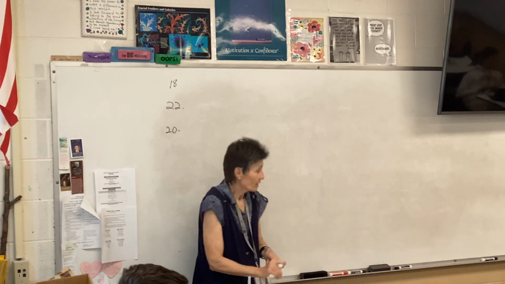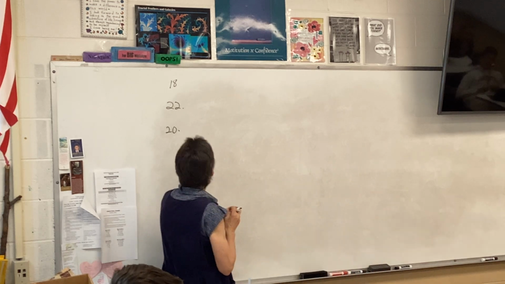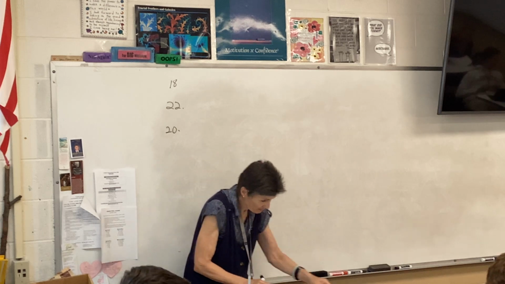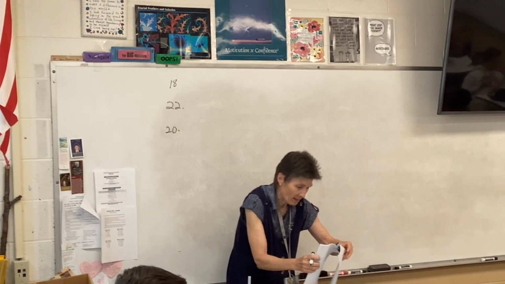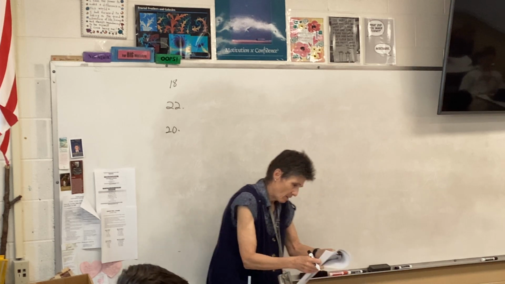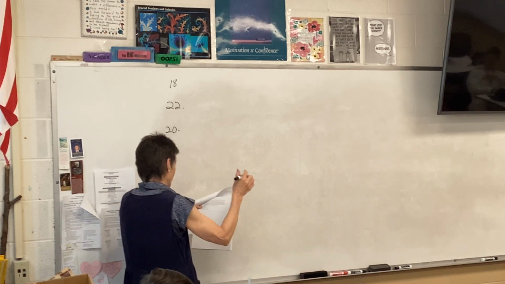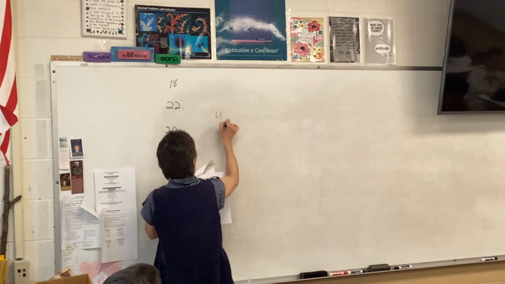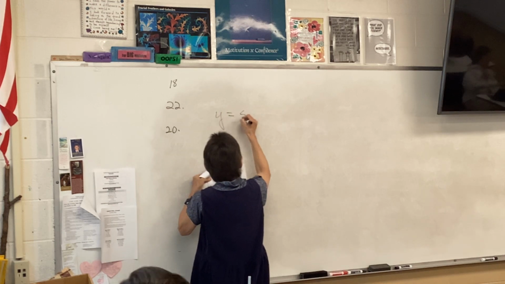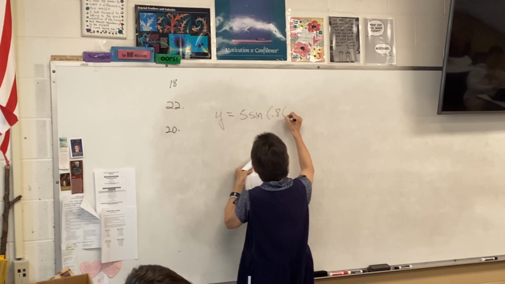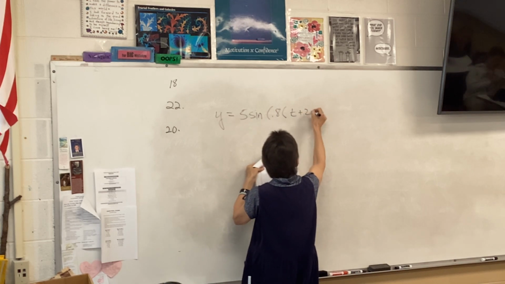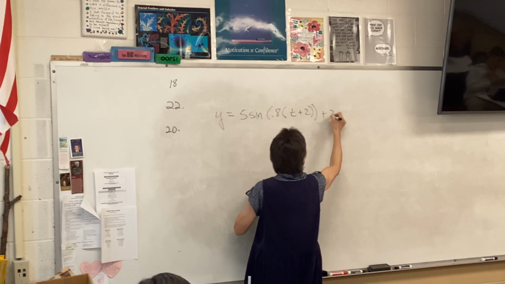Okay. All right, first one we're doing is number 18, I guess. Let's see what 18 is about. So our equation is 5 sine 0.8 t plus 2 plus 25.